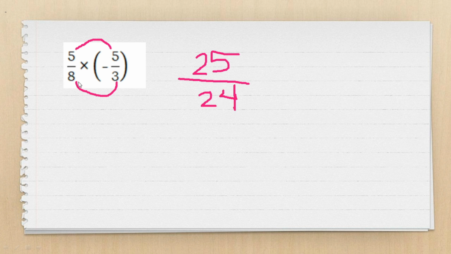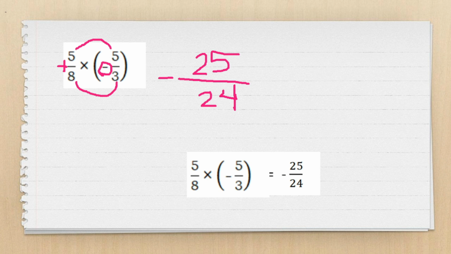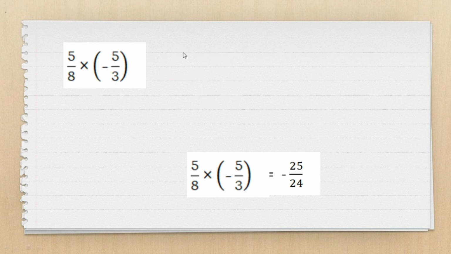Ngayon, tingnan natin, I have a positive here and a negative there. Different sign. Ano kaya magiging sign ng ating final answer? Different sign, sabi natin, that's negative. Therefore, 5/8 times negative 5/3 is equal to negative 25/24. Okay? So, ganun lang.